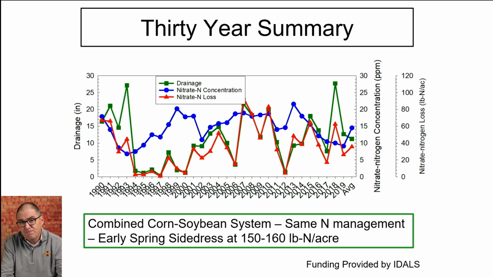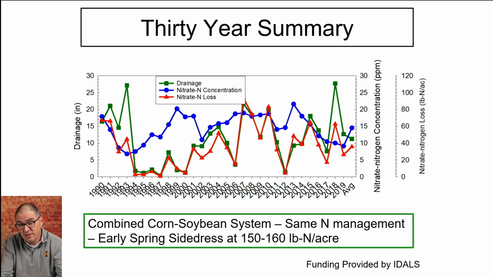The blue circles there is the flow-weighted annual nitrogen concentration, and you can see that varies from year to year as well. A low in 1993 when we had flushed that system of about 6 parts per million, and a high in 2013 of about 21 parts per million, so about double the drinking water standard. And then the orange triangle is our nitrate loss, and that varies year to year, but closely follows the pattern of drainage.